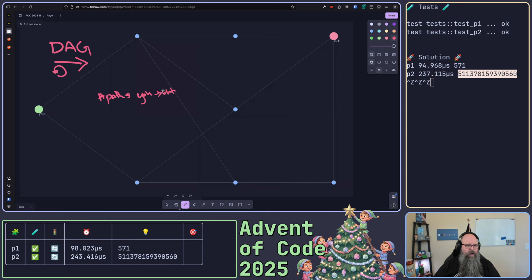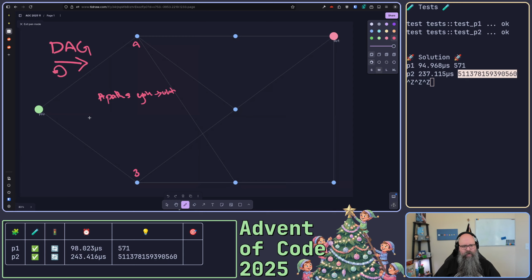But if you think about it, to answer the question how many paths from U to out, what we really need to answer is how many paths from A to out and B to out.